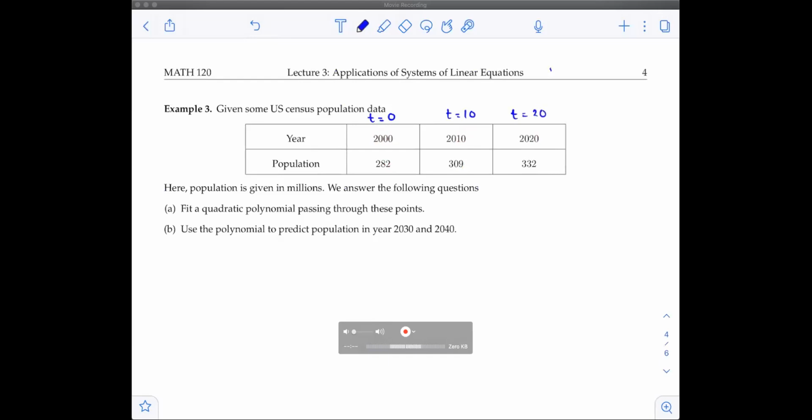Later, the year 2030 is t equal to 30, and the year 2040 is t equal to 40, but that's for part B.